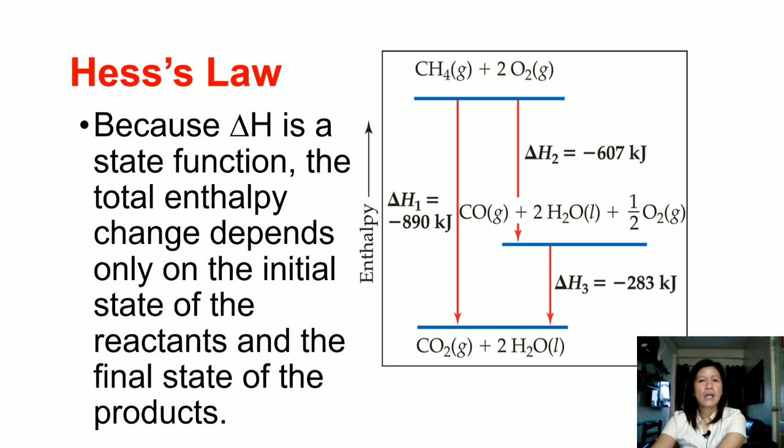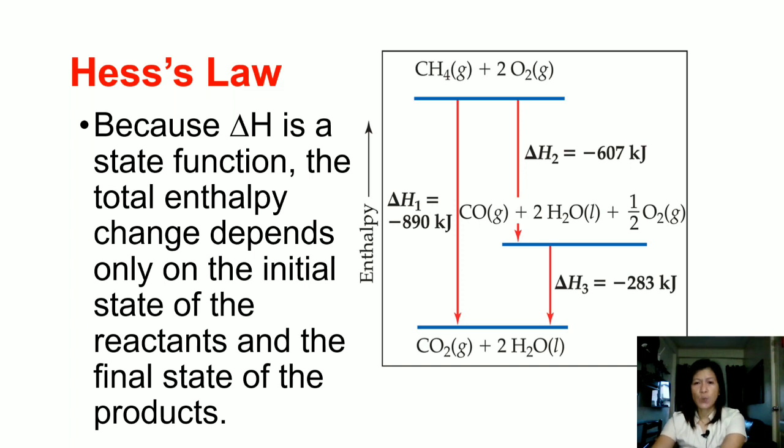Okay, this reaction now involves two reactants, methane and oxygen, and two products, carbon dioxide and water. Because enthalpy of reaction is a state function, the total enthalpy change always depends only on the initial and final conditions.